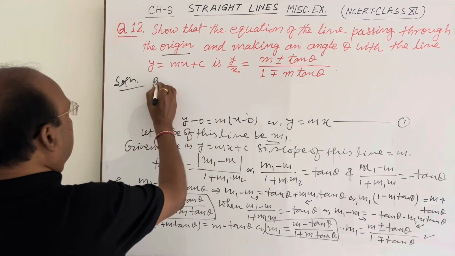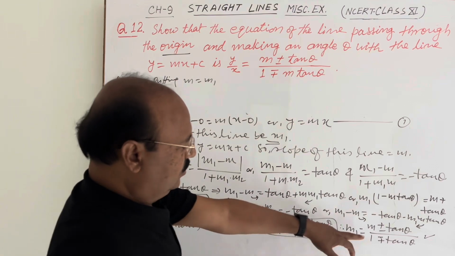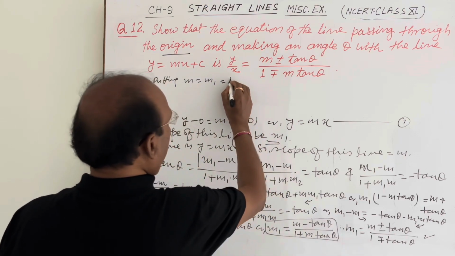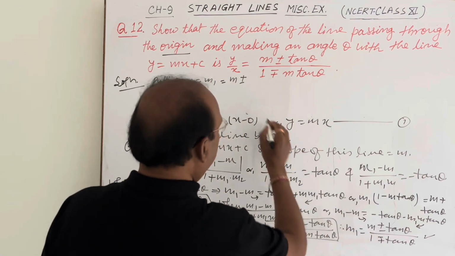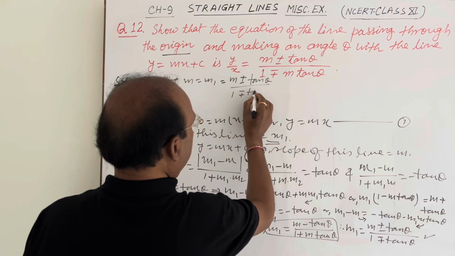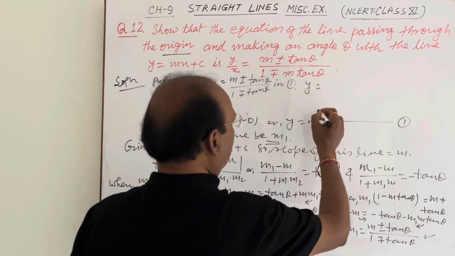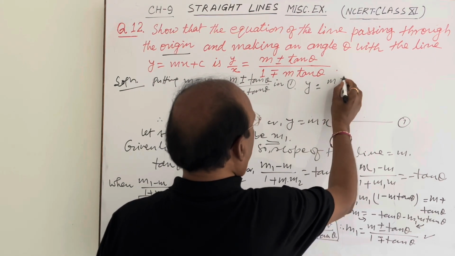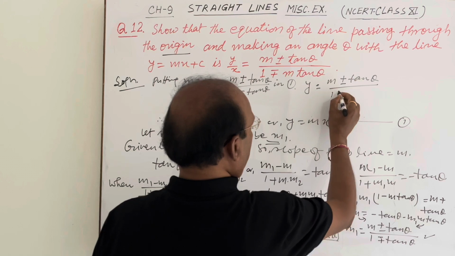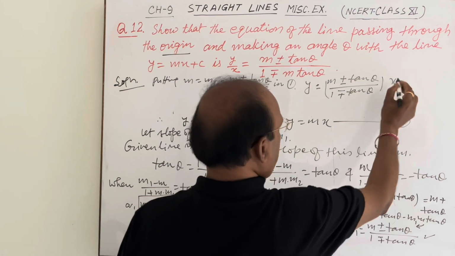So now putting m is equal to m1, the corresponding value of m1, which is m plus minus tan theta upon 1 minus plus tan theta, in equation number 1, we will get y is equal to m plus minus tan theta upon 1 minus plus tan theta into x.